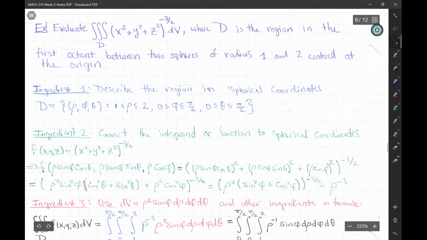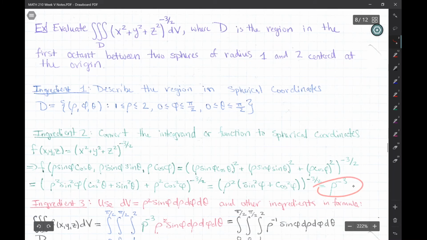That's just a trigonometric identity. And so that's just 1. And then after getting 1 here, we could factor out the common rho squared between this term and that term. And so we'll get a sine squared phi plus cosine squared phi. So this time we have the same angle phi between these two. And so this is also 1. And this simplifies then to rho to the minus 3.